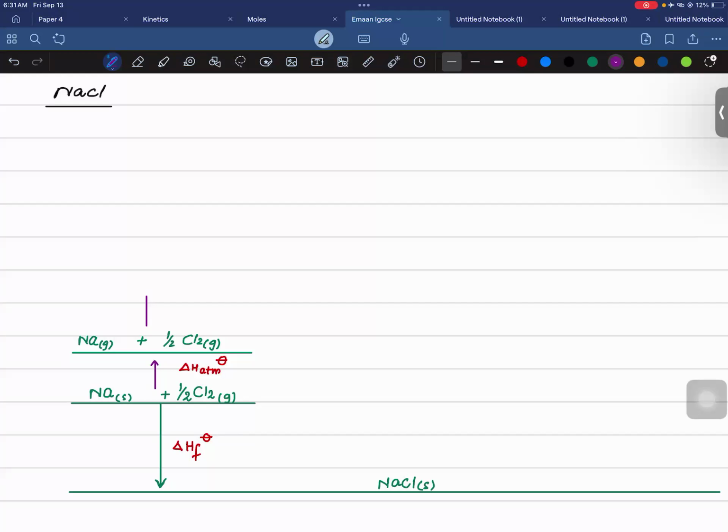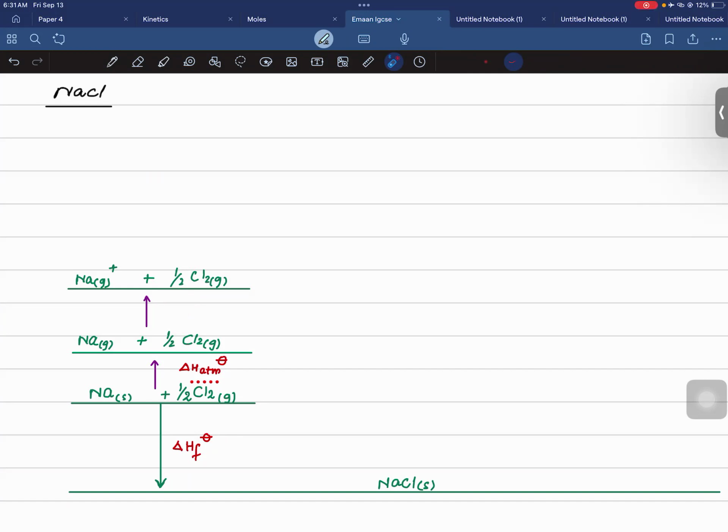So now I'm going to convert the sodium gas into the Na plus gas. Subhan, can you tell me the name of this process? Sir, this is also atomization.